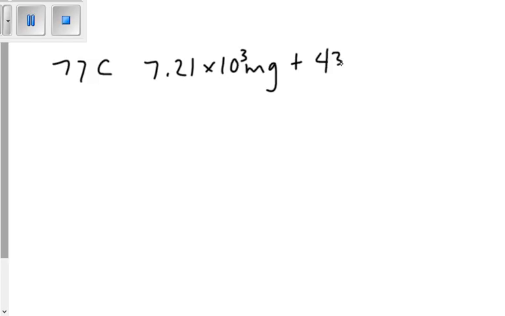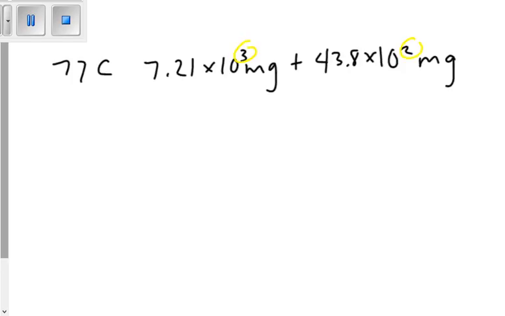All right, and 77c, last addition one, I've got 7.21 times 10 to the 3rd milligrams plus 43.8 times 10 to the 2nd milligrams. So again, look at the exponents.